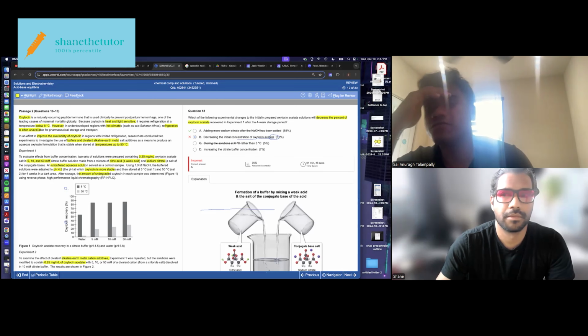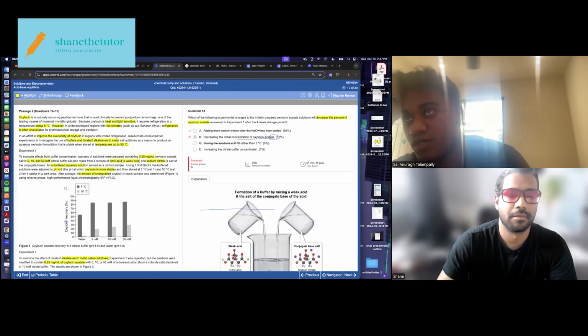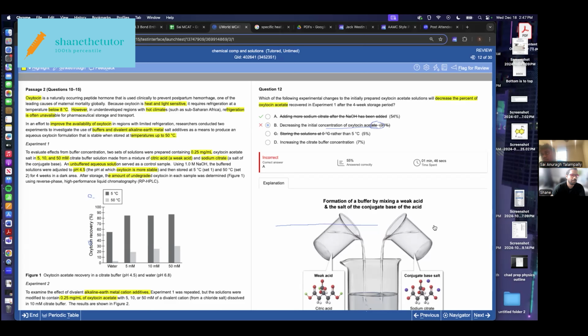So I was a little confused about this question. I get why B is wrong, but I'm having a tough time understanding why A. Wait, let me see what the question says.